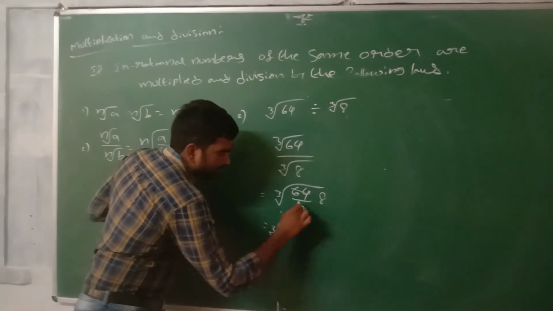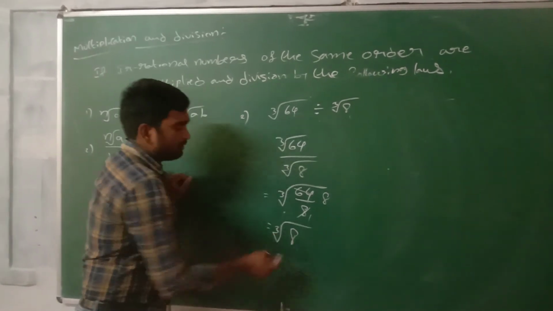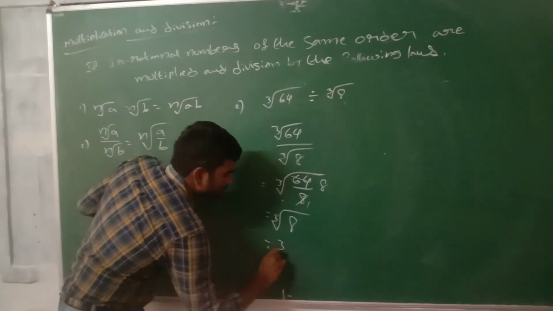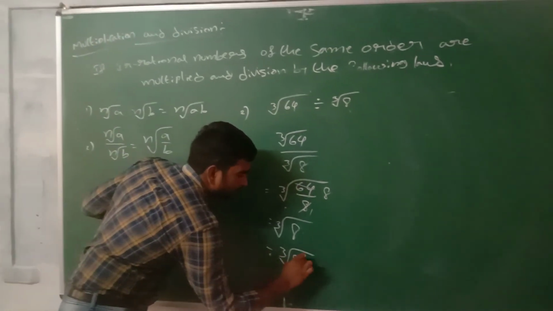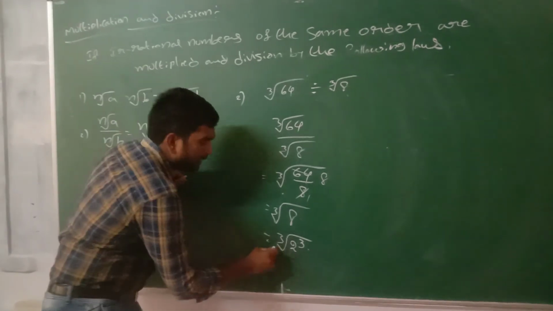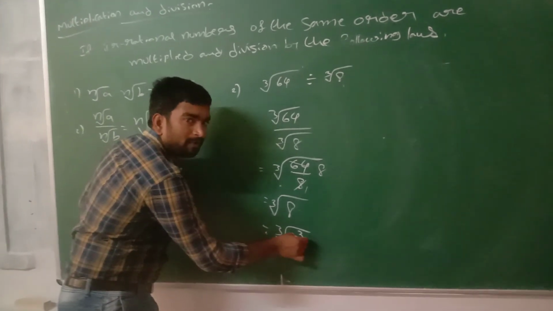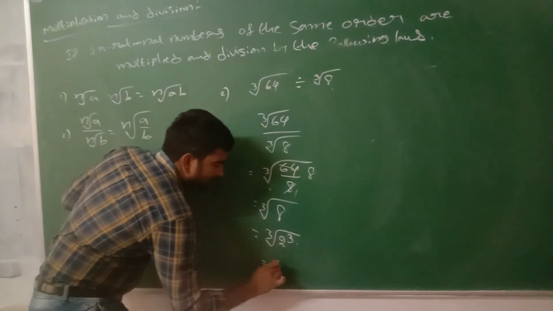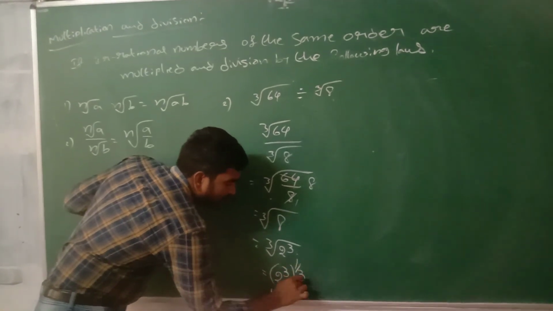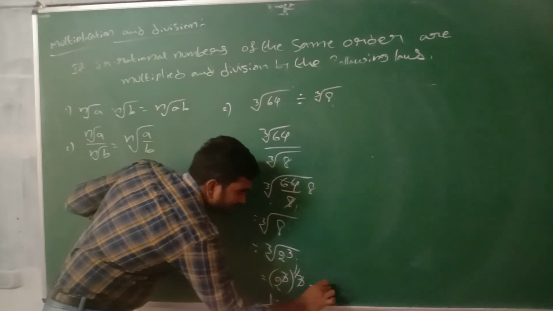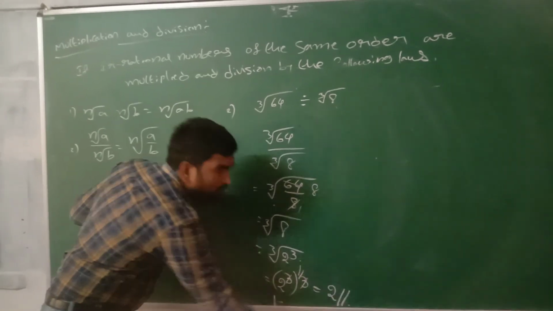So third root of 8. This is converted, so 8 changes into 2 cubed. By the law, nth root of a power n is equal to a, that is equal to 2 cubed whole power of 1 by 3, that is equal to 2. The answer is 2.